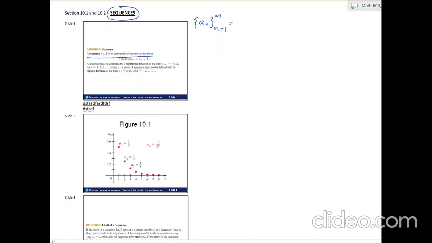So this could be, for example, a1, a2, a3, and so on. A specific example could be 1, 1/2, 1/3, and so on.